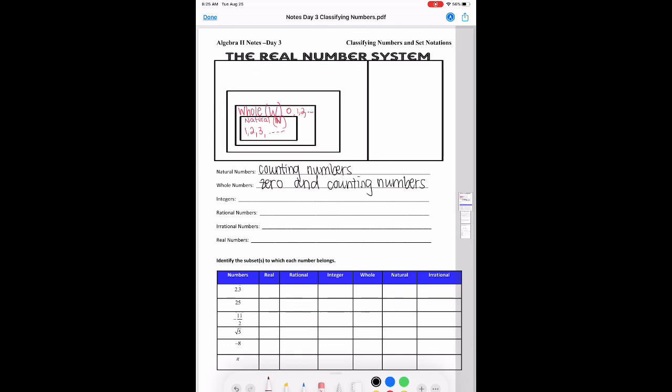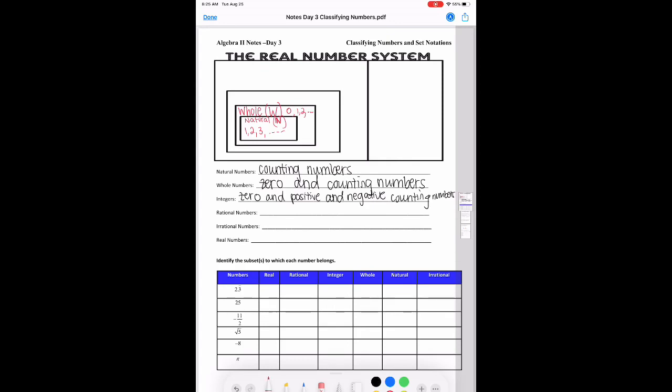All right, next we have integers. So far I've only been writing either 0 or positive numbers. Integers will include negative numbers as well. So we have 0, and then we will have positive and negative counting numbers.